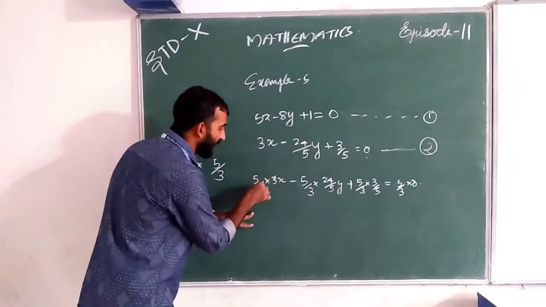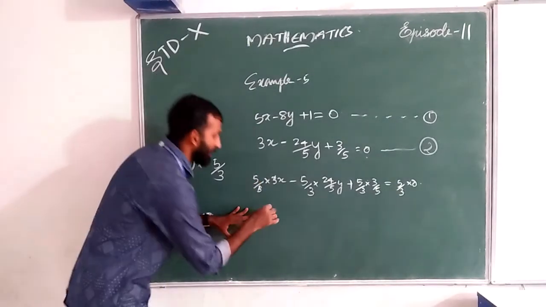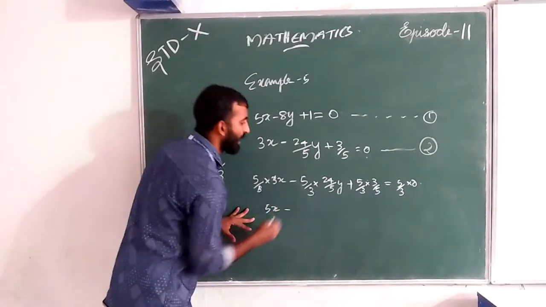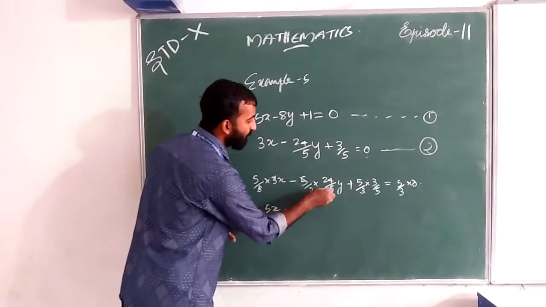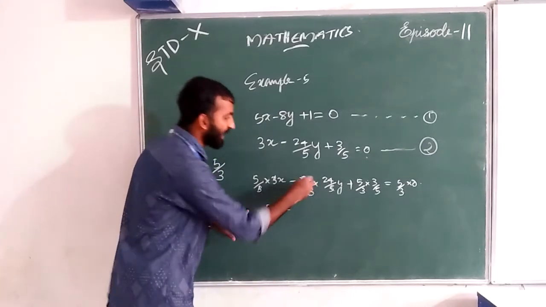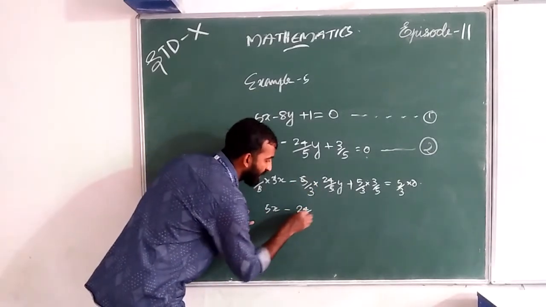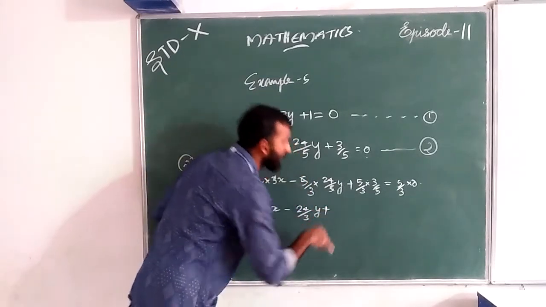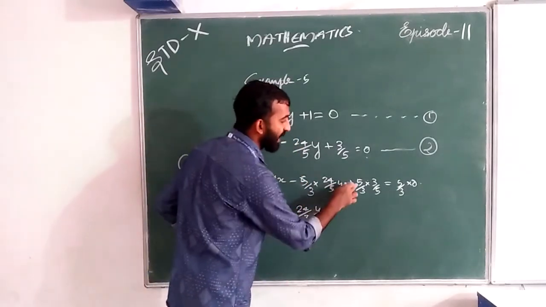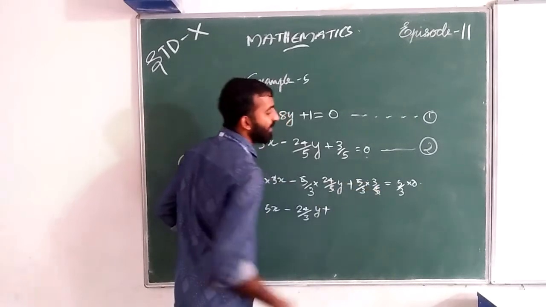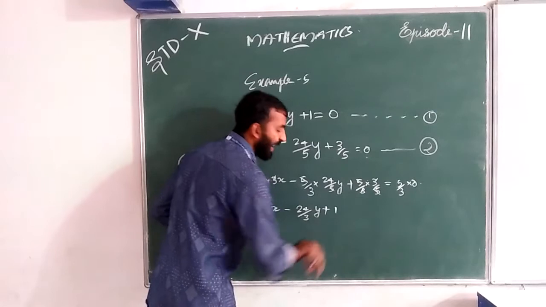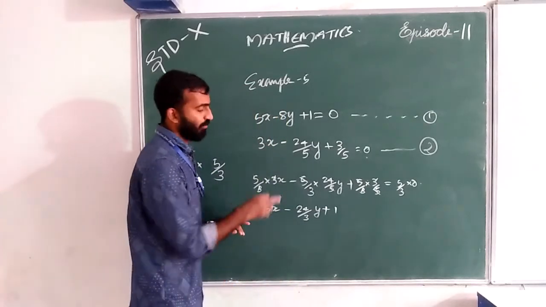We can cancel 3 and 3, so we get 5x. Here 5 and 5 cancel, so we get 24 by 3 y, which is 8y. Here 5 and 3 cancel, so we get 1.